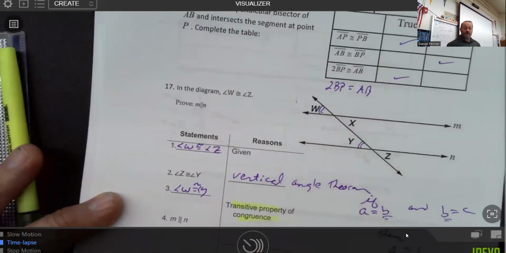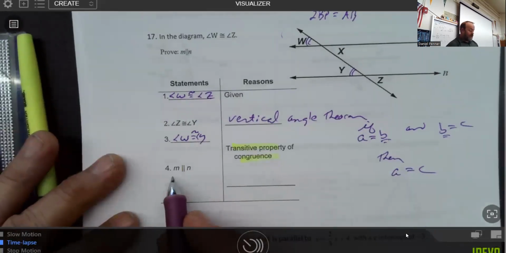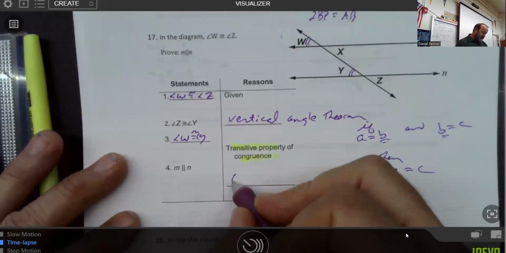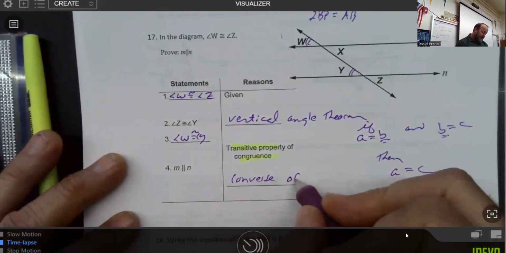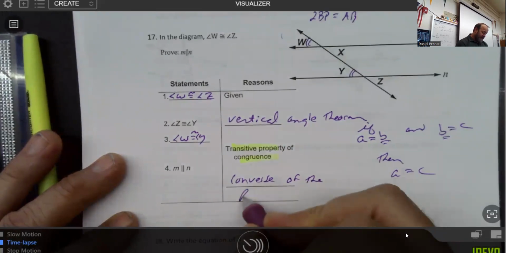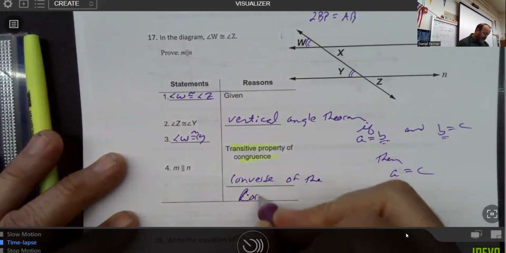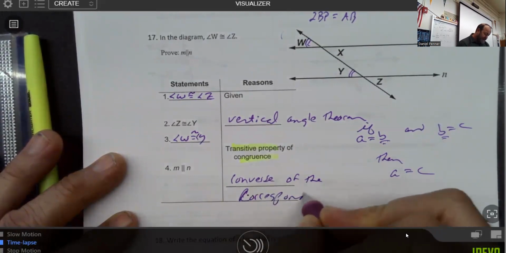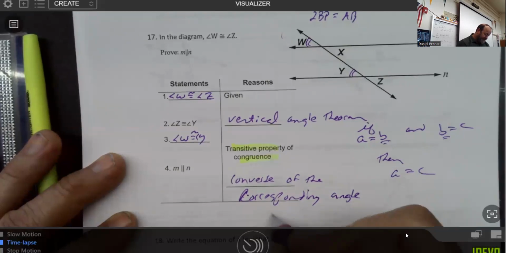And if you look at the picture, that's really helpful because here's W and here's Y. Well, those are called corresponding angles. And so I now could say that M and N are parallel because of the converse of the corresponding angle postulate.